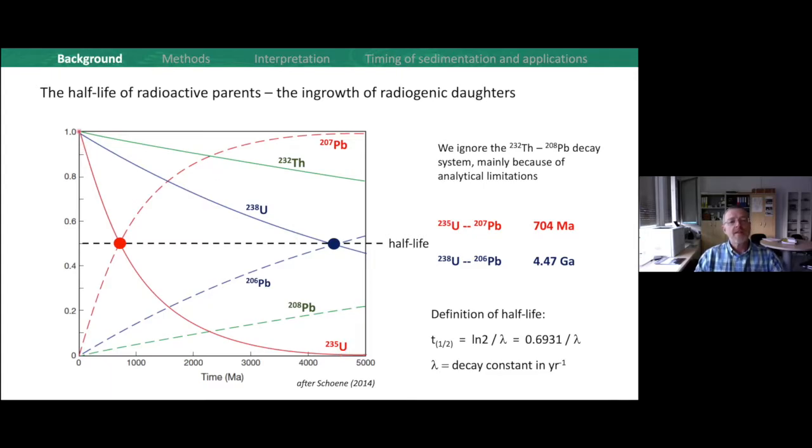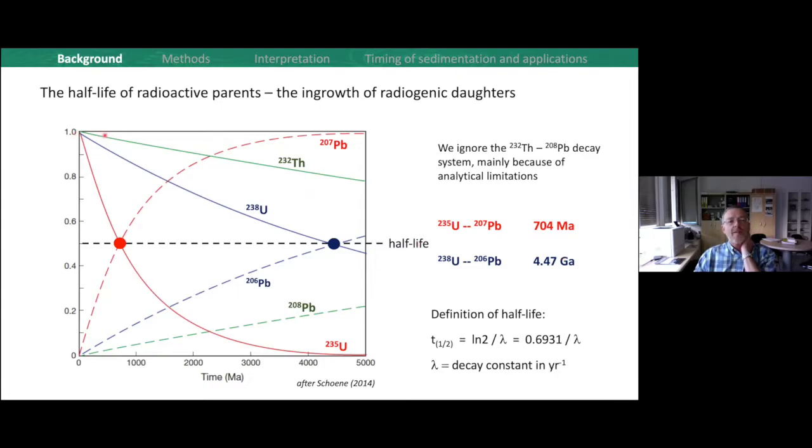Whereas the 238 uranium has a much longer half-life, so we are actually today about at 1 half-life. So about half of the 238 uranium has decayed, and the other half is still available because the half-life is 4.47 billion years. So the age of the solar system is something like 4.57 billion years.